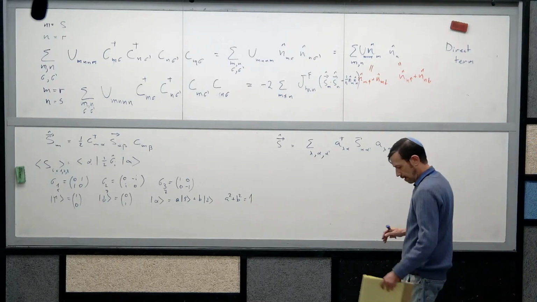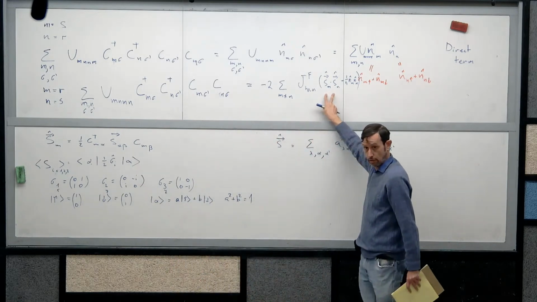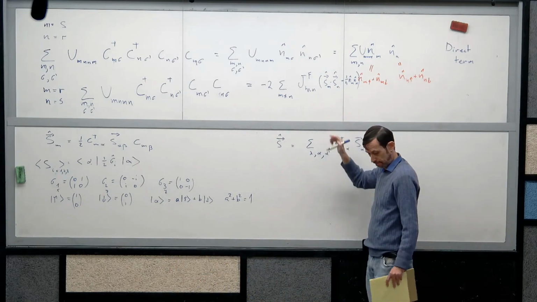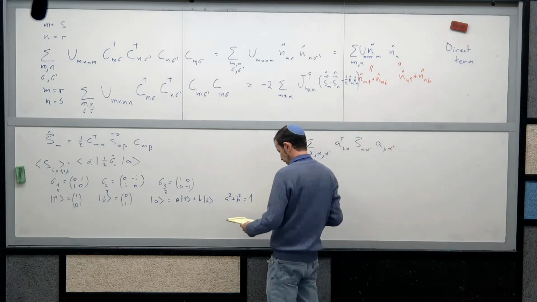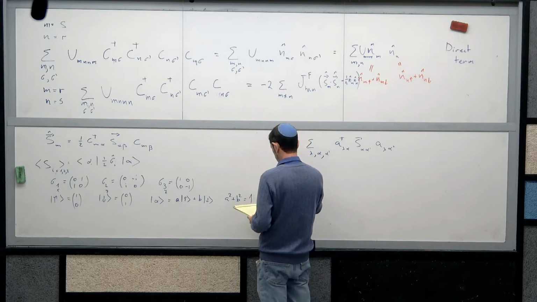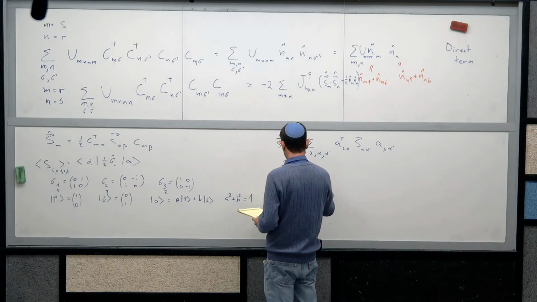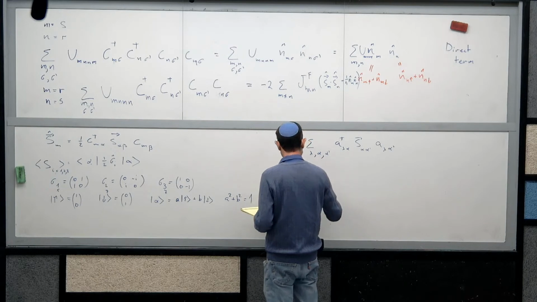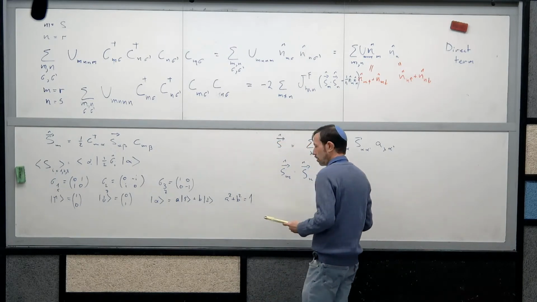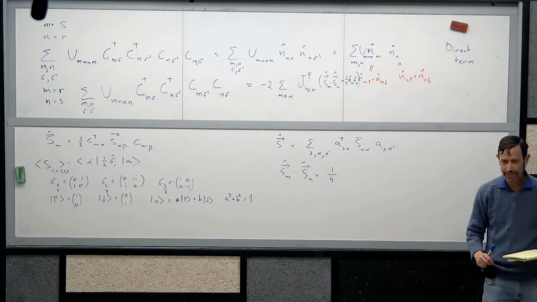I'll write down one term explicitly, and this is this term. The quarter I have all the way through because I have 0.5 in the definition.